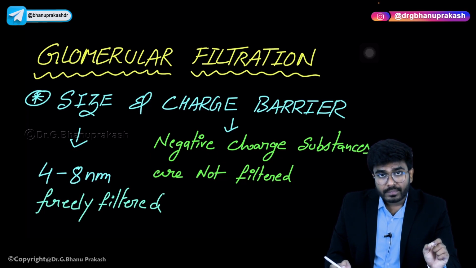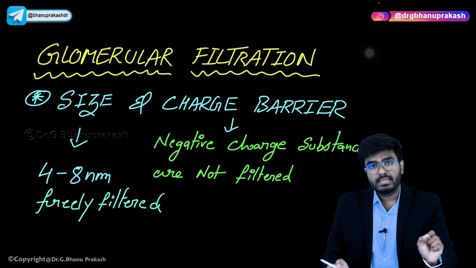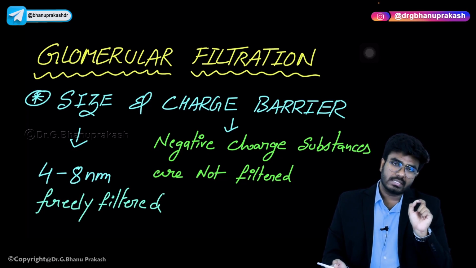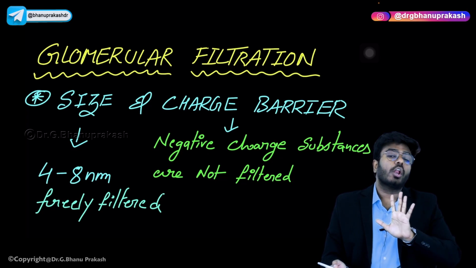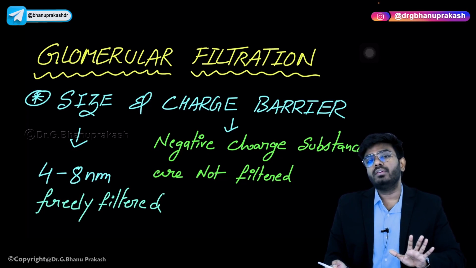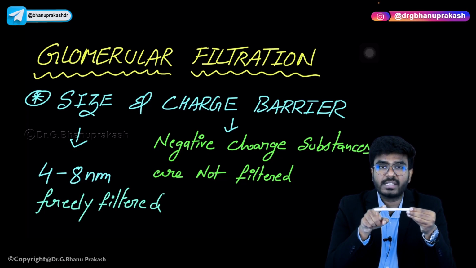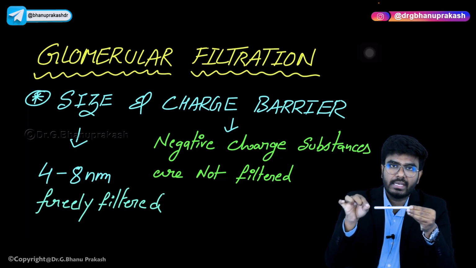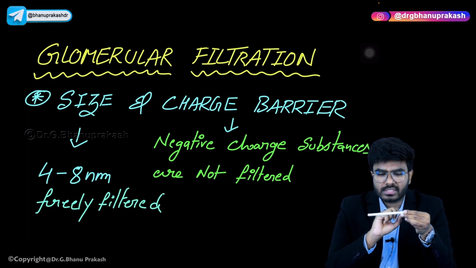Again I am repeating, if a substance has a negative charge, then those negatively charged particles are not filtered. Why, if you ask me? Please look at this. Imagine that this is a glomerular basement membrane. Endothelial layer, glomerular basement membrane, and below you are going to have the podocyte foot processes.